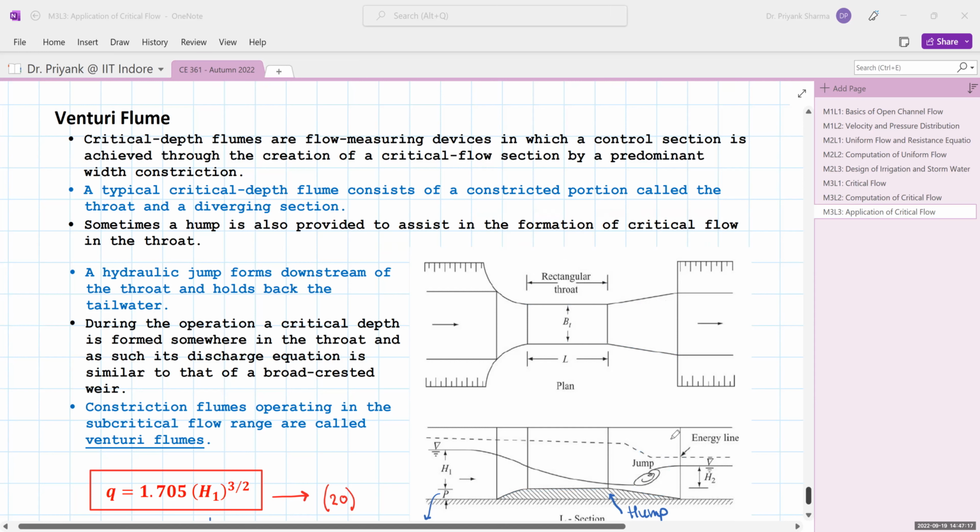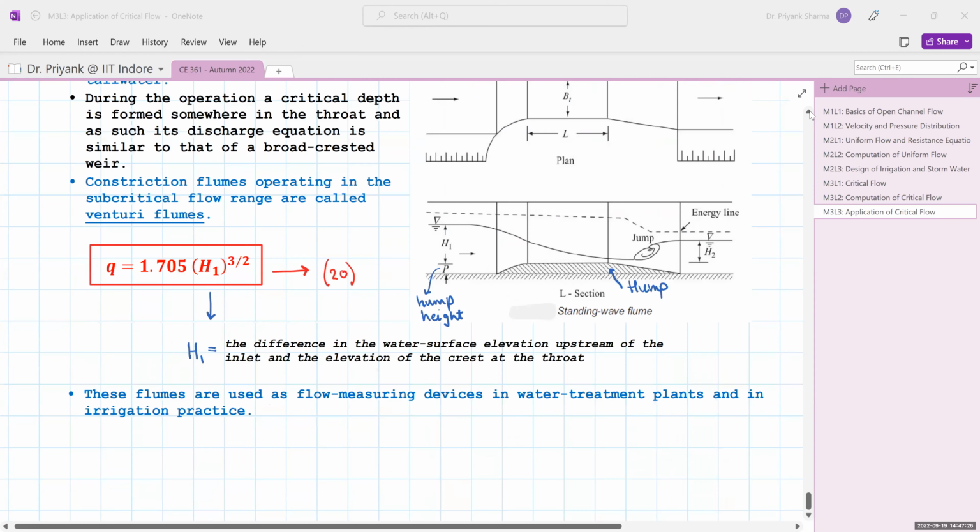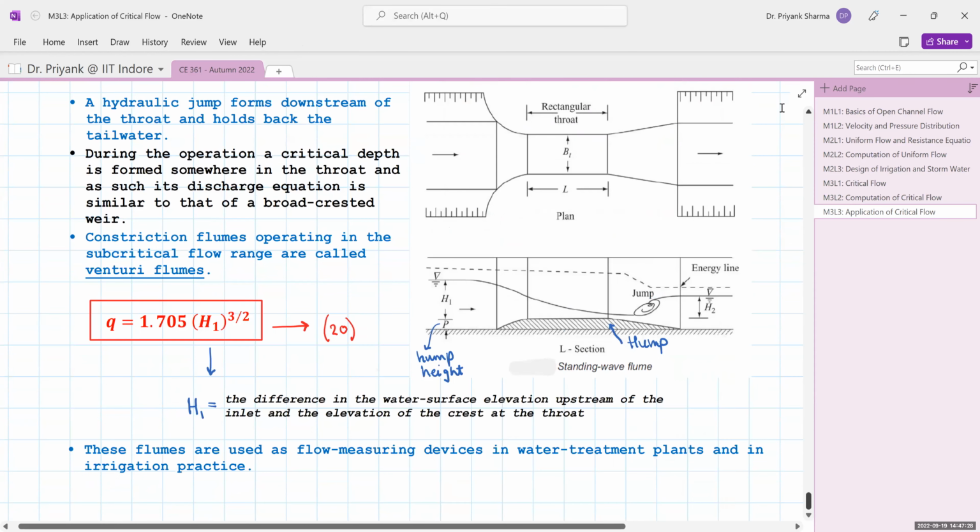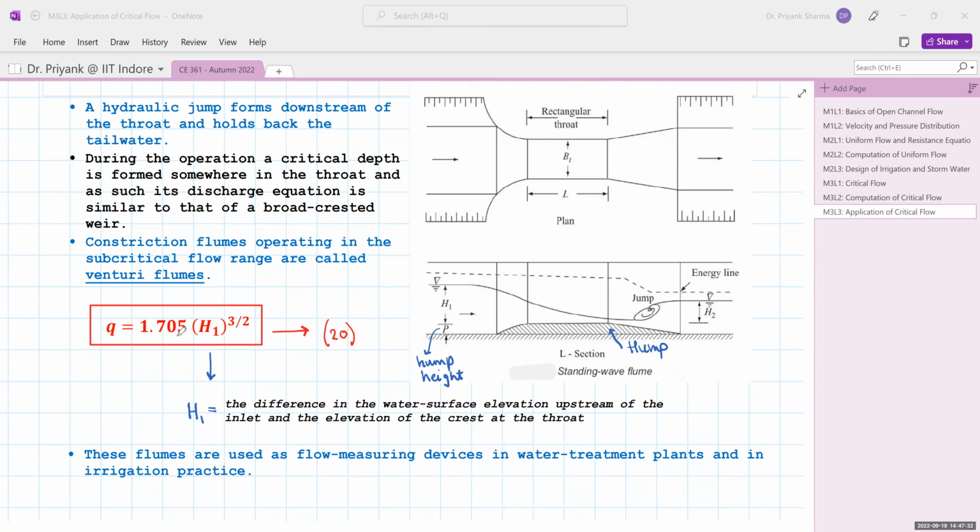In this constriction flume, if the flow conditions are subcritical, then it is called a Venturi flume. And how do we measure discharge in a Venturi flume? Again the formula is the same as for the broad crested weir, that is Q is equal to 1.705 H1 raised to 3 by 2, and by measuring the upstream water depth we can find out the discharge passing through that culvert or any other structure by means of a Venturi flume.